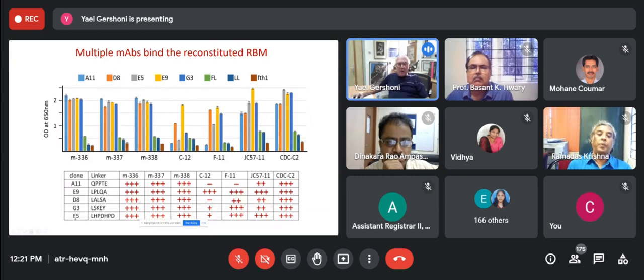And you can see, for example, E5 or E9, they actually bind all of the monoclonal antibodies. They're very, very cross-reactive. And so we are excited about this, and we believe that we've been able to demonstrate here effectively and very efficiently a reconstituted RBM for MERS coronavirus.